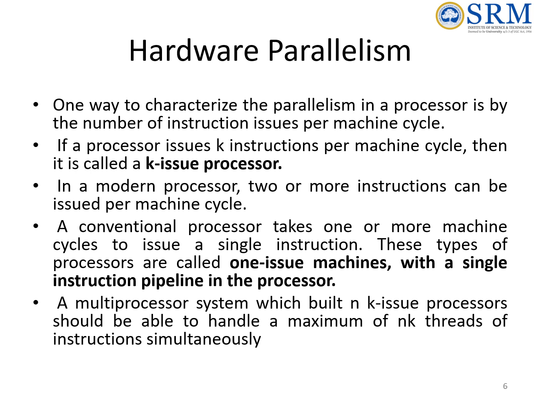These types of processors are called one-issue machines with a single instruction pipeline. A multiple processor system with n k-issue processors should be able to handle a maximum of nk threads of instructions simultaneously.